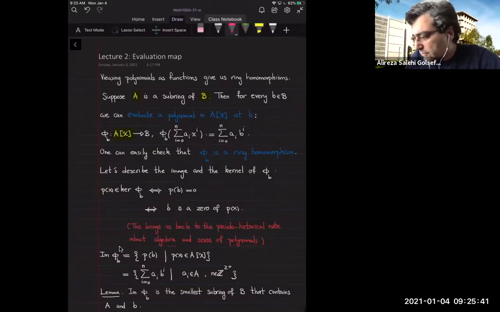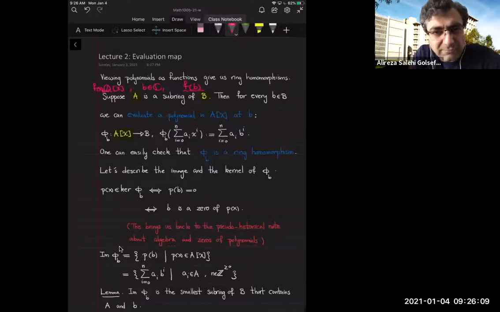Whatever polynomial I give you, let's say a polynomial with coefficients inside the rational numbers, and whatever value I give you inside complex numbers, I can evaluate, I can plug in b, I can substitute b for x, and I get another complex number. So this is an example that you have to have in mind.